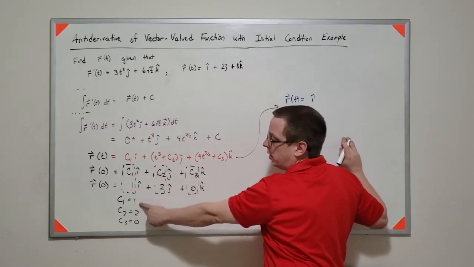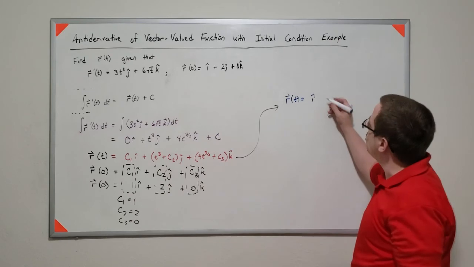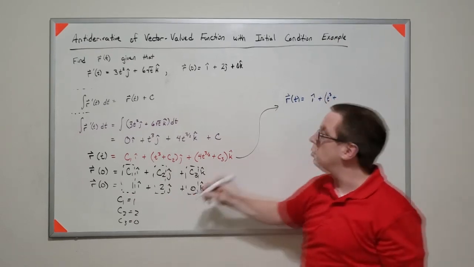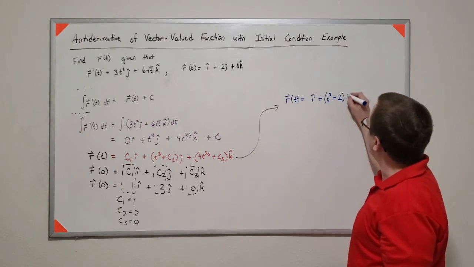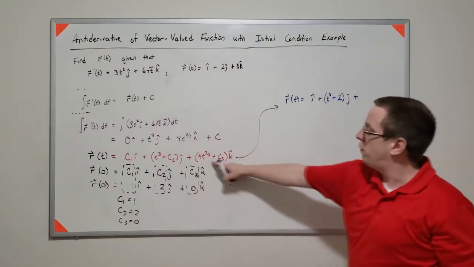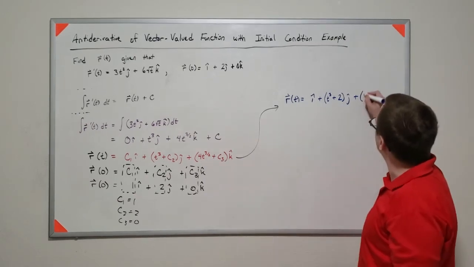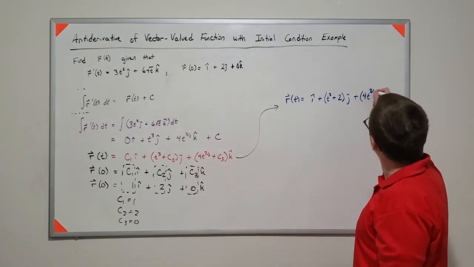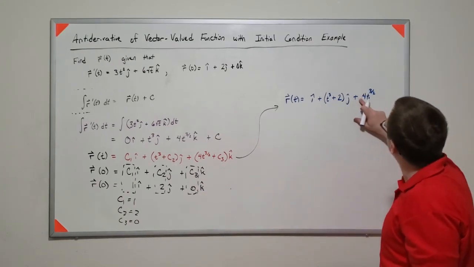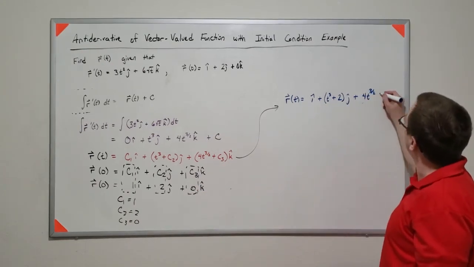C1 is 1, t cubed plus 2 j, plus, so we have 4t to the 3/2 plus C3, which is 0. So we can just leave that off, k.